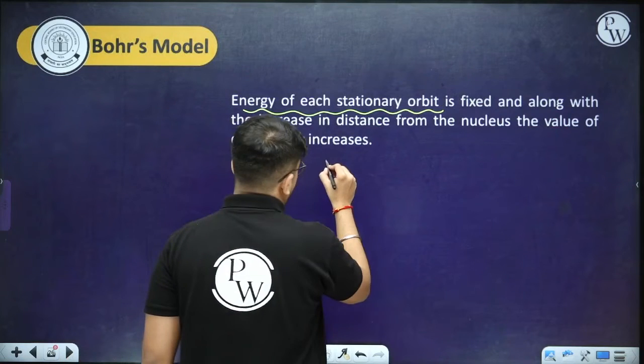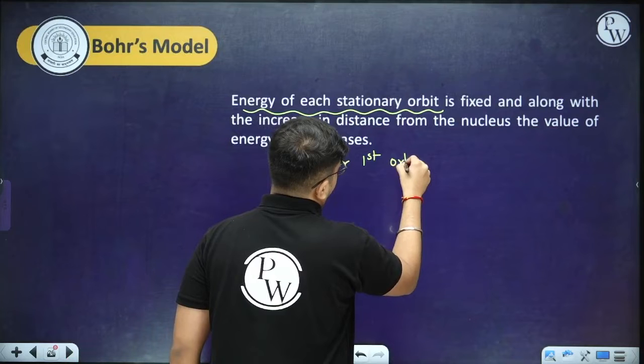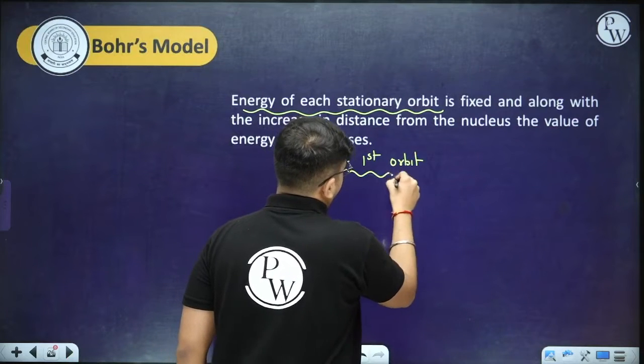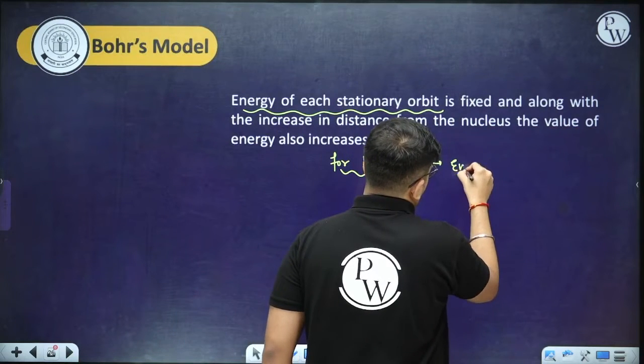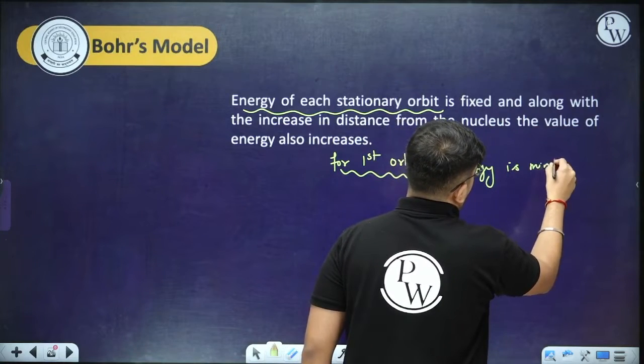Always remember, for the first orbit, energy is minimum.